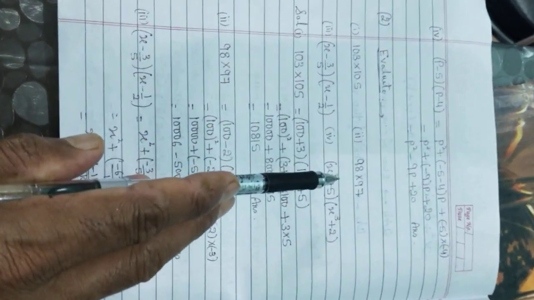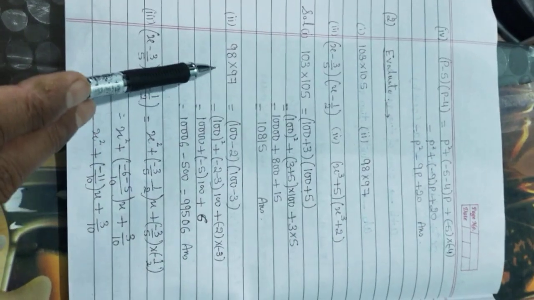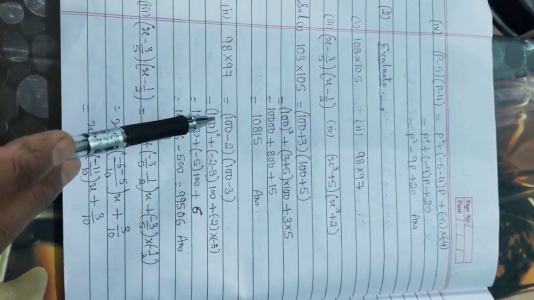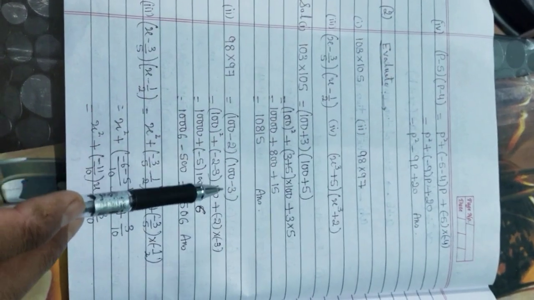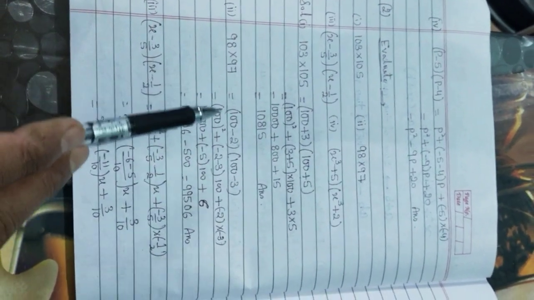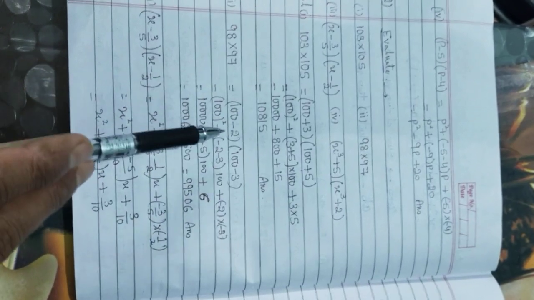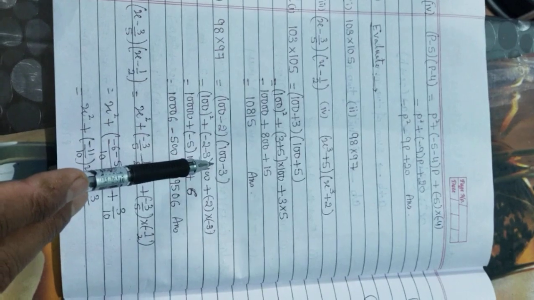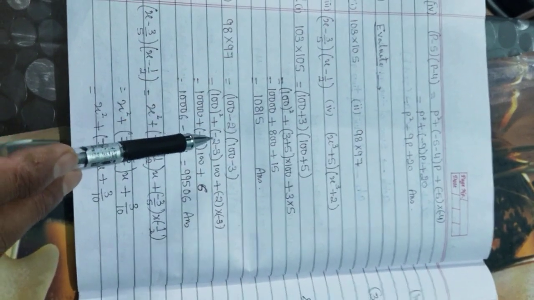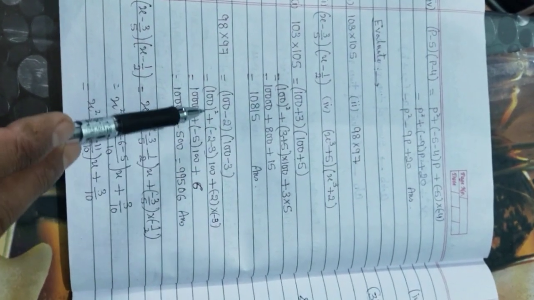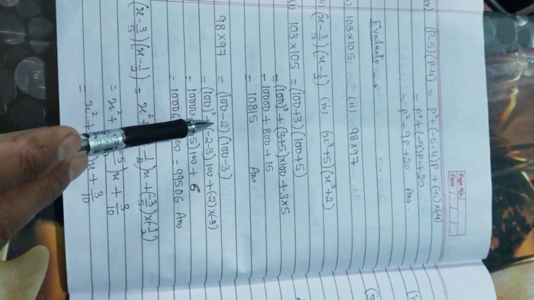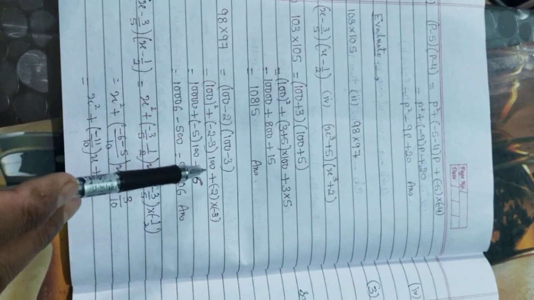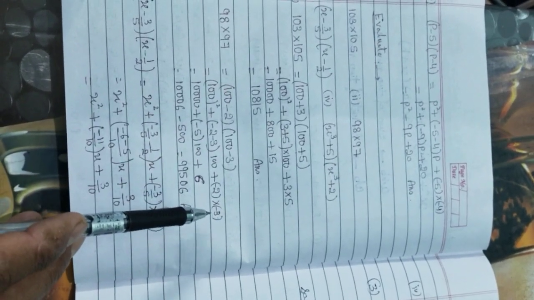Okay, next, the second part, that is 98 into 97. Evaluate 98 into 97. Again we can write 98 into 97 as (100 minus 2) into (100 minus 3). First convert into the fifth identity. X is 100, a is minus 2, b is minus 3. So x square plus (a plus b)x plus ab is equal to 100 square plus (a is minus 2, b is minus 3) into 100 plus (minus 2) into (minus 3).